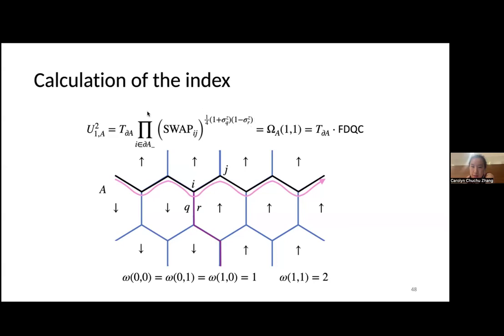So now you can compute these omegas, and what you find is that omega 0,0, omega 0,1, and omega 1,0 are 1. However, omega 1,1, where 1 is the non-trivial group element, is equal to 2, with 2 labeling the qubit translation along the edge here. And so what you can show is that this is actually a non-trivial cohomology class. So this defines an example of a non-onsiteable symmetry with a non-trivial index.